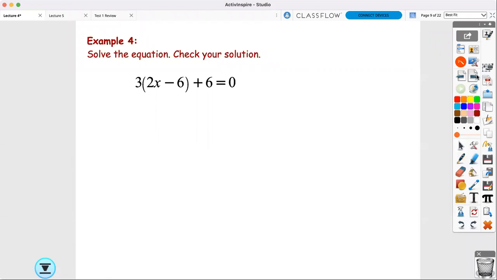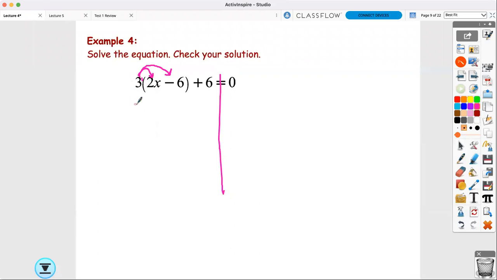All right, let's take a look at example 4. Solve the equation, check your solution. So first, follow step 1. It says do distribution, and you see it. It's right here with the 3. So draw your arrows from the 3 to the 2x, then from the 3 to the -6, and draw your line down the equal sign.